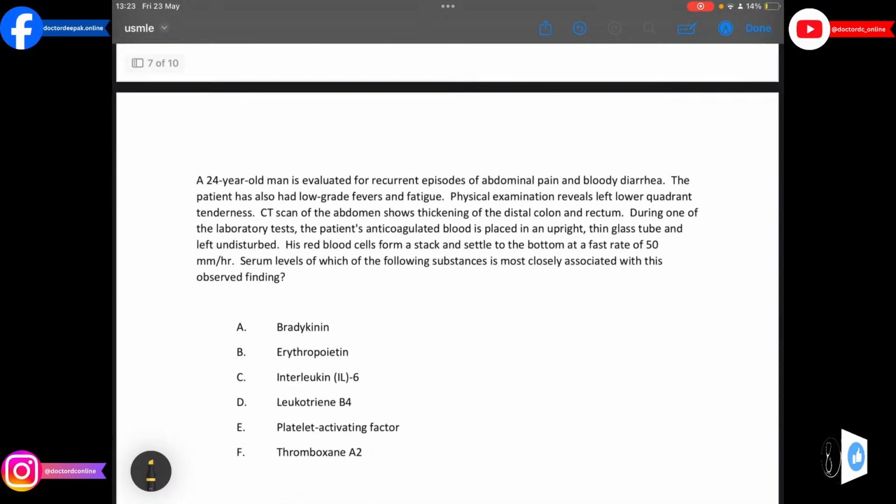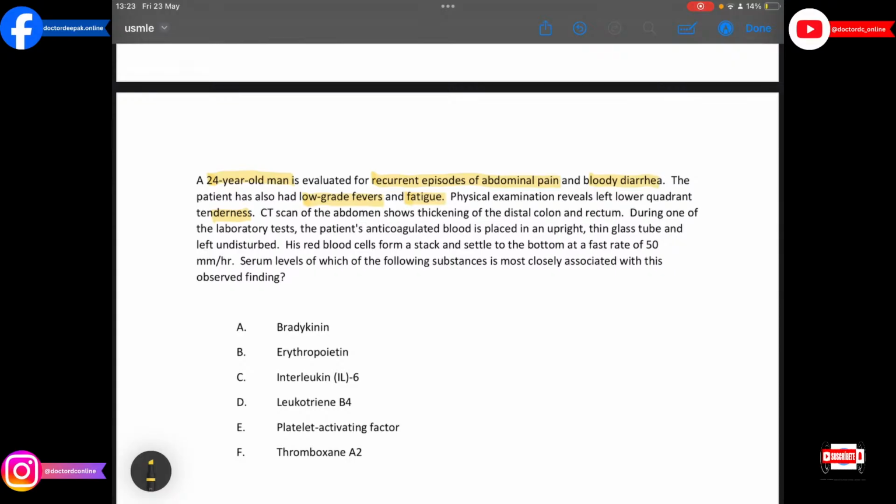Yes, if you guys move to our next question, it is about a 24-year-old man evaluated for recurrent episodes of abdominal pain and bloody diarrhea. The patient also has low-grade fevers and fatigue. Physical examination reveals left lower quadrant tenderness.